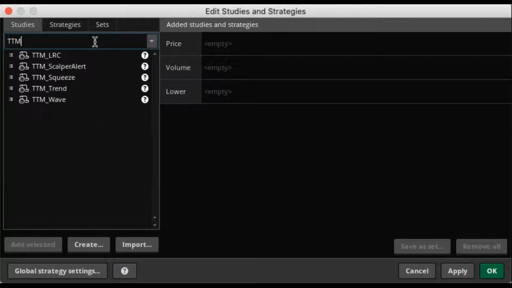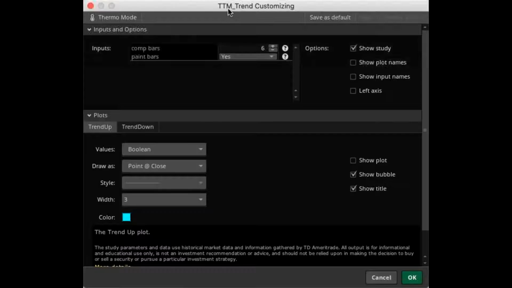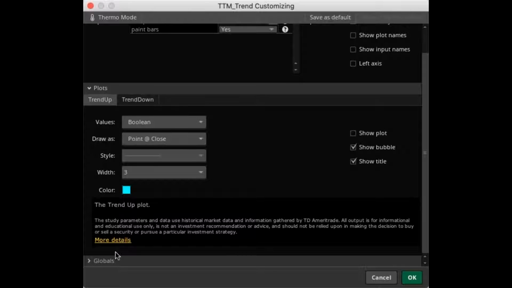Type in TTM trend. You go to edit TTM trend. Okay, you go to TTM trend. Then you scroll down.